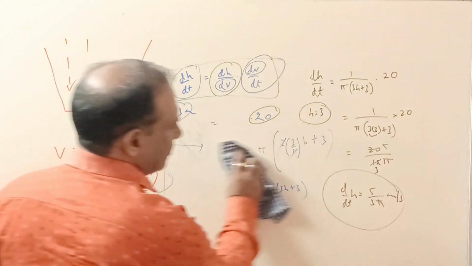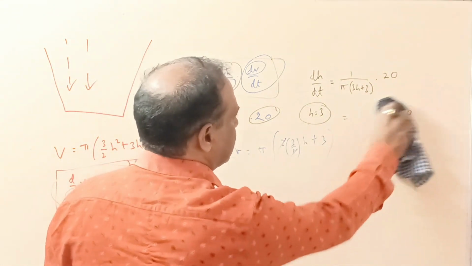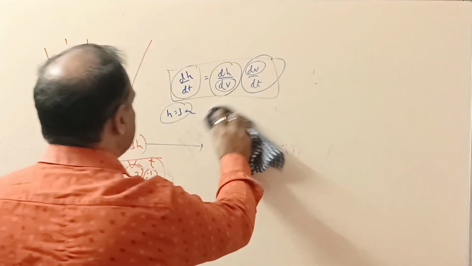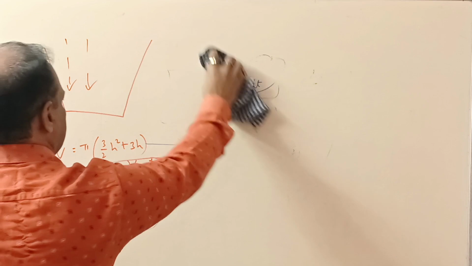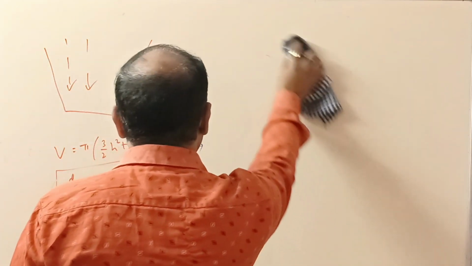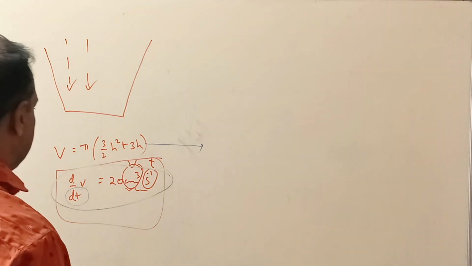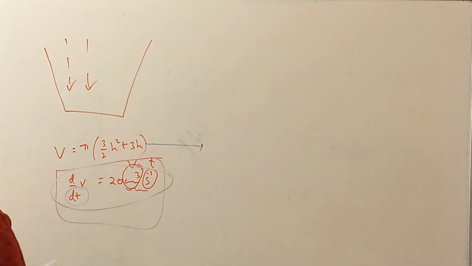Now we can do the same question with the alternate method. Now here we have to find out the value of dh by dt. Okay, and we are given d by dt of v.